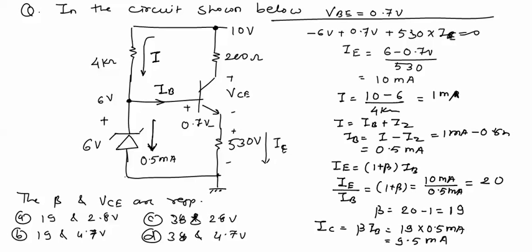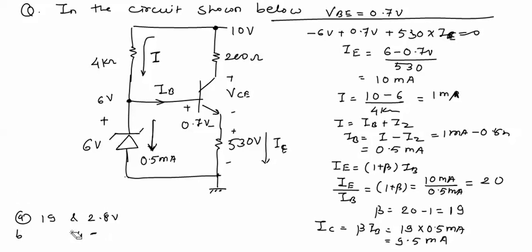Now the rest of the calculation I will do here. Now in this circuit, collector current IC is known, emitter current IE is known.